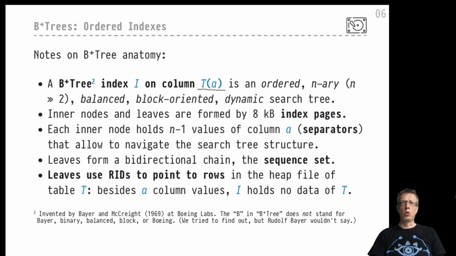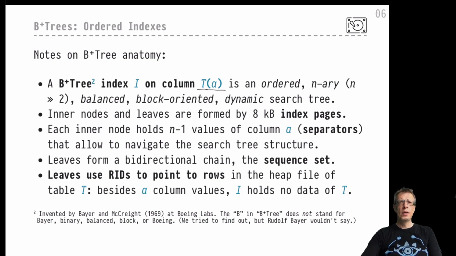We will of course have a closer look at these separators, but this is just an n-ary search tree structure, and to guide that search inside the inner nodes, we will find n-1 values that separate these n pointers, and that make it clear which of the pointers have to be dereferenced and followed to guide our search.